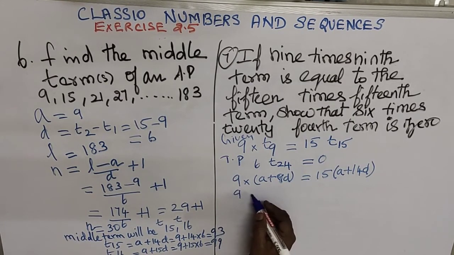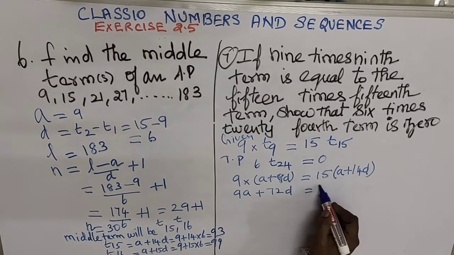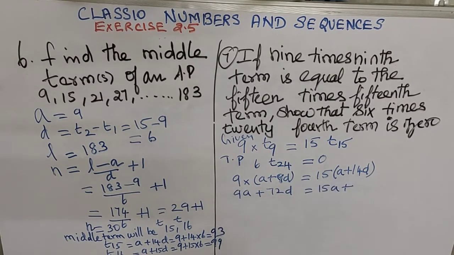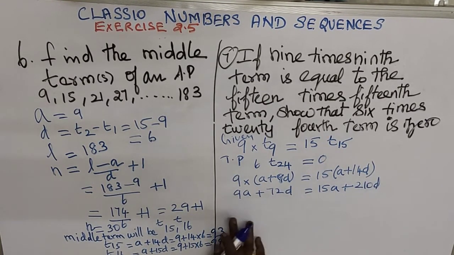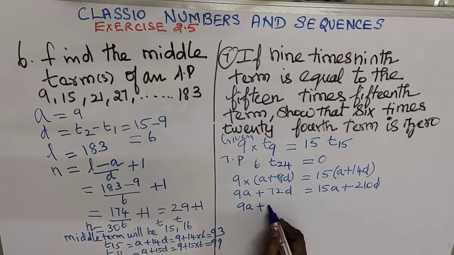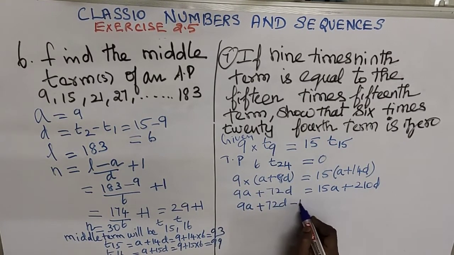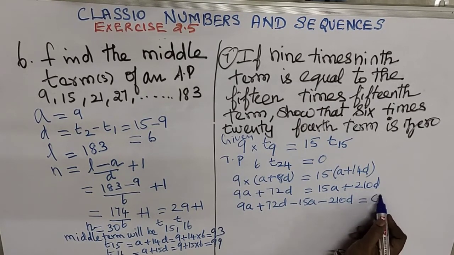So 9A plus 72D equal to 15A plus 210D. Bring all the terms to one side: 9A plus 72D minus 15A minus 210D equal to 0.